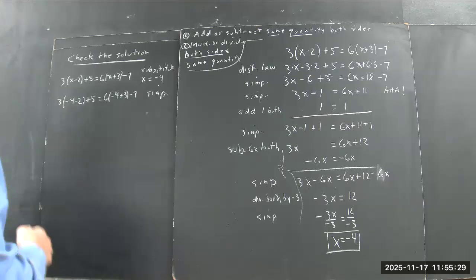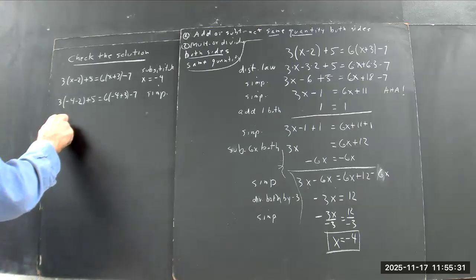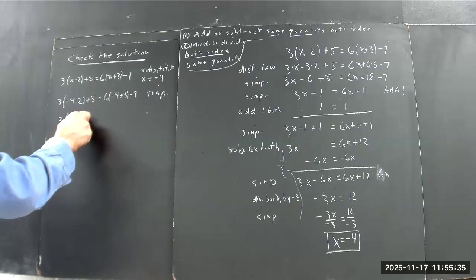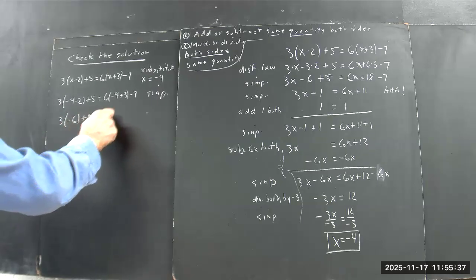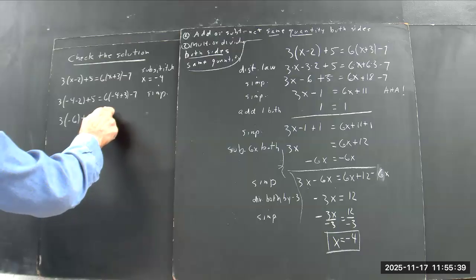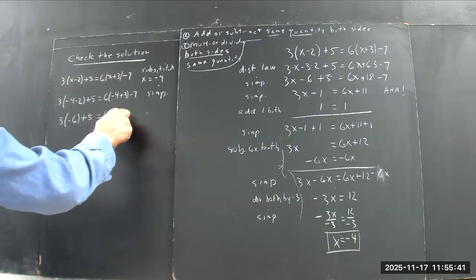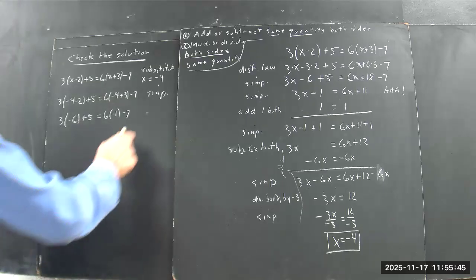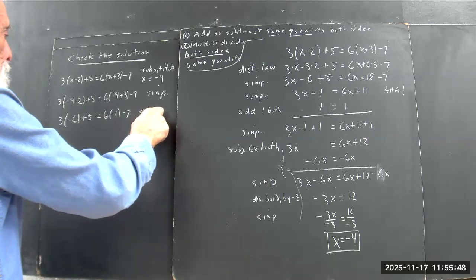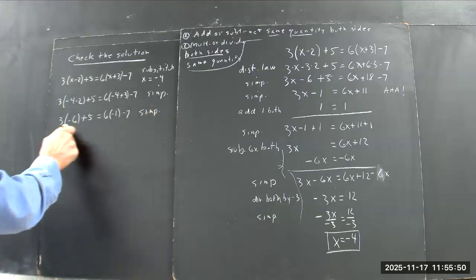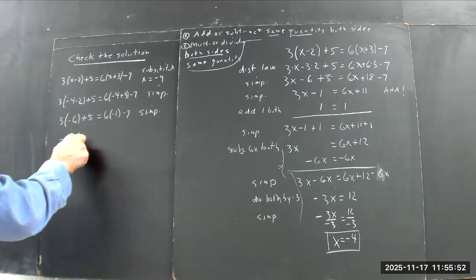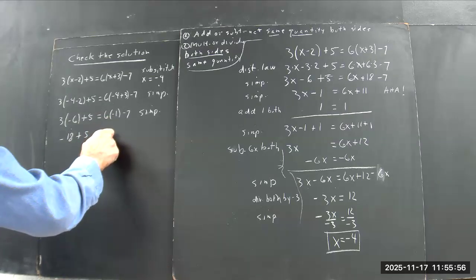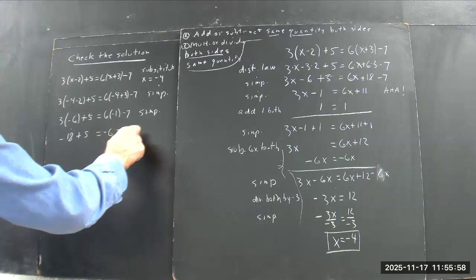And we're going to simplify this. Well, negative 4 minus 2 is negative 6. Negative 4 plus 3 is negative 1. Okay. And now we simplify again. 3 times negative 6 is negative 18. 6 times negative 1 is negative 6.